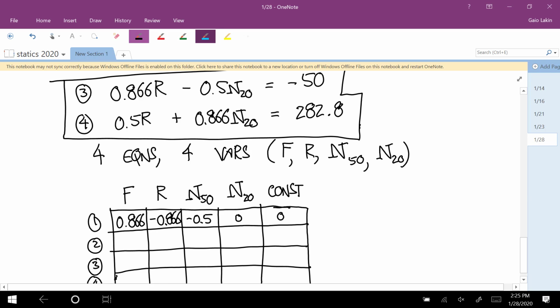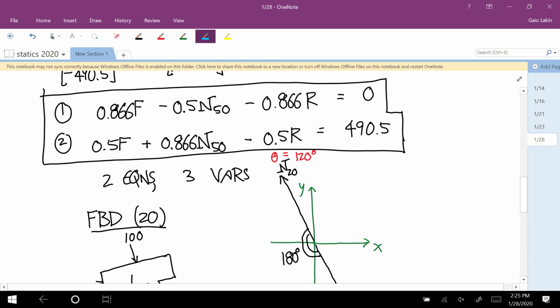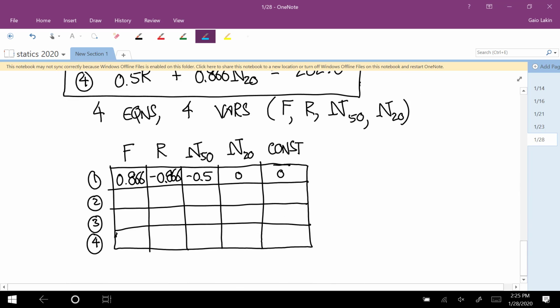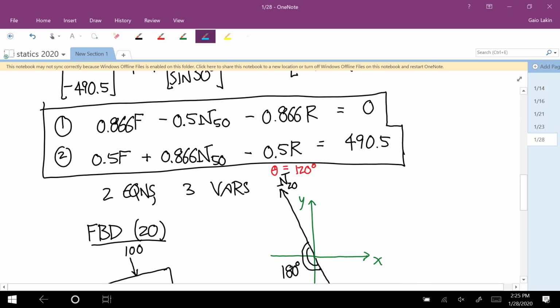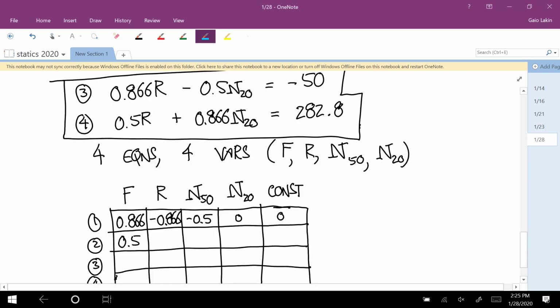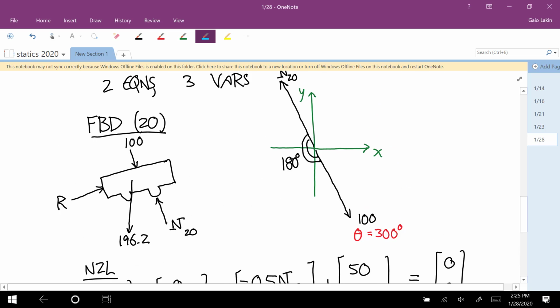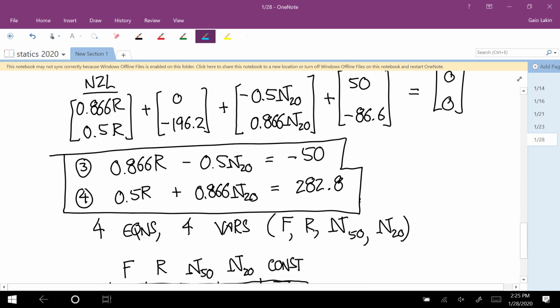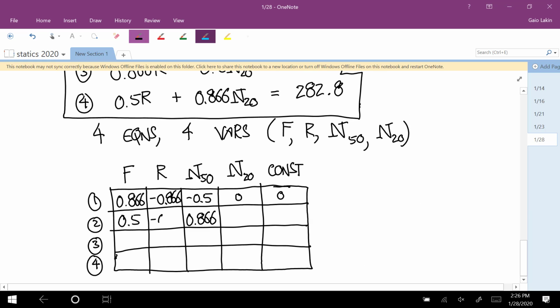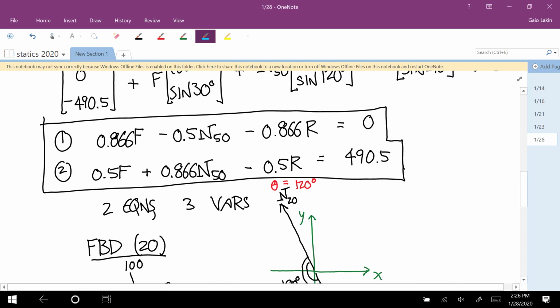And then go to equation 2. F, we have 0.5. N50, we have 0.866. R, we have negative 0.5. 0, N20. And this time the constant is 490.5.